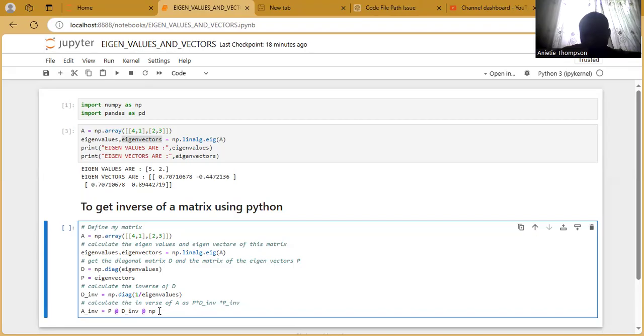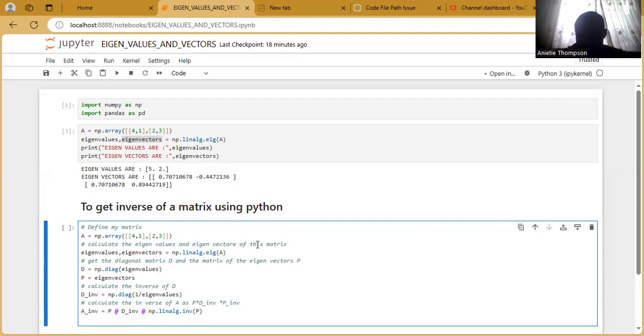All right, so the next thing is NP dot linear, our linear function. Dot INV, that's the inverse of the P that we did not get the first time, so I'll drop P there and drop it there. So I'll press enter. That is done.